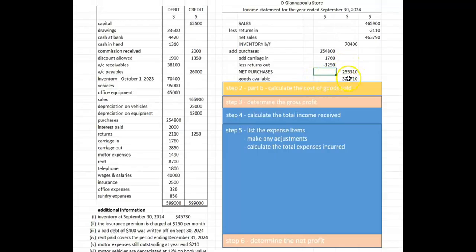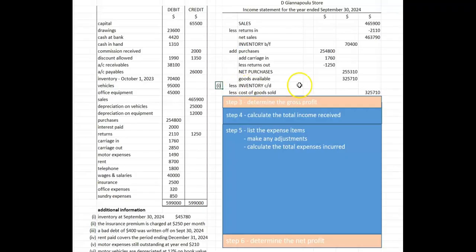So now my goods available, 325,710. The second part of that step two is to then take away the closing inventory from the goods available. So let's do that. Closing inventory is the first note in the additional information.